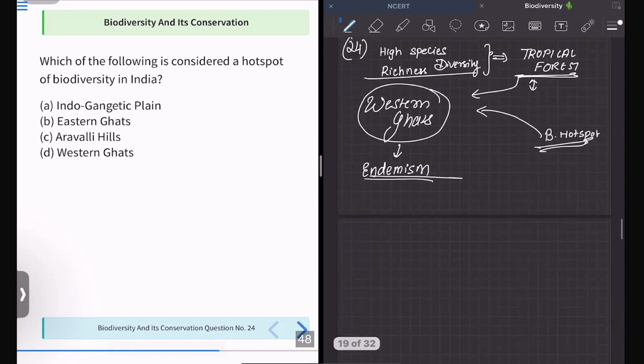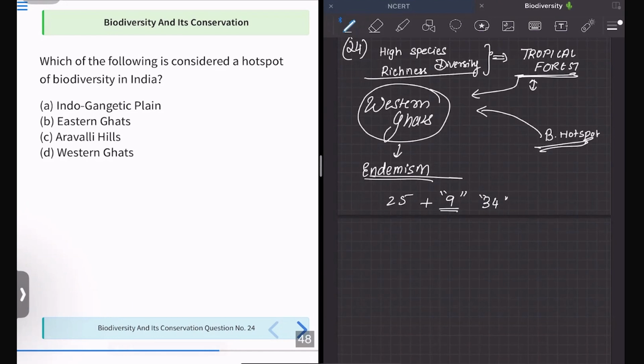Now let us discuss one to two, three points more regarding biodiversity hotspots, so that even if the question is not asked here, there is a tendency that this question can come. Initially there were around 25 biodiversity hotspots, and recently 9 more have been identified.